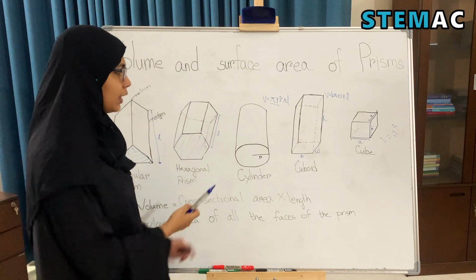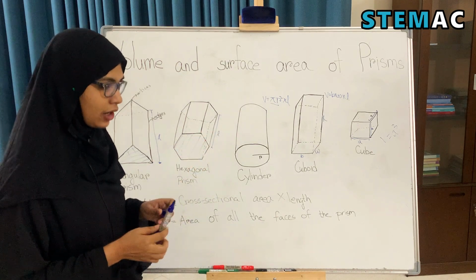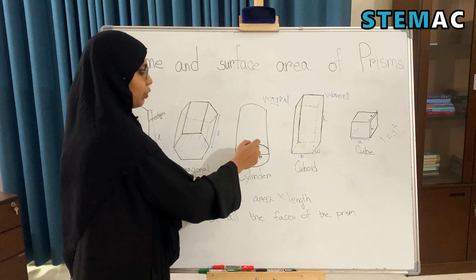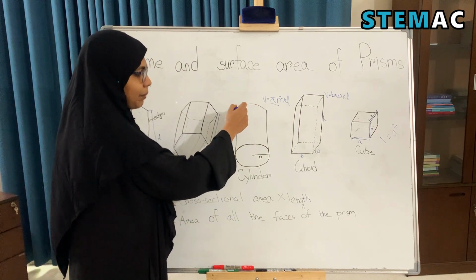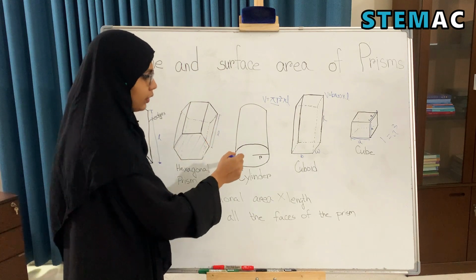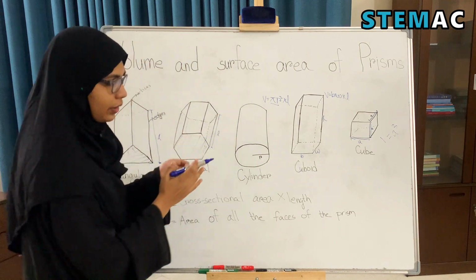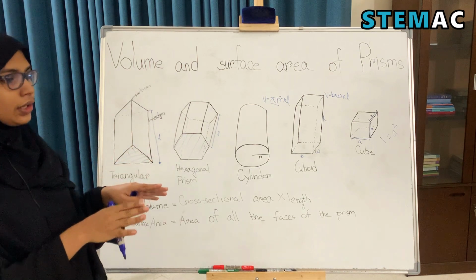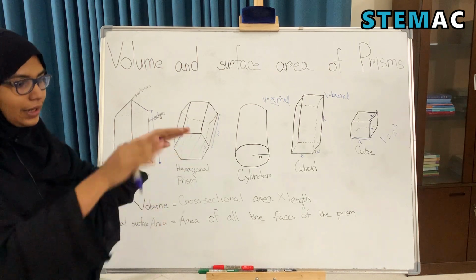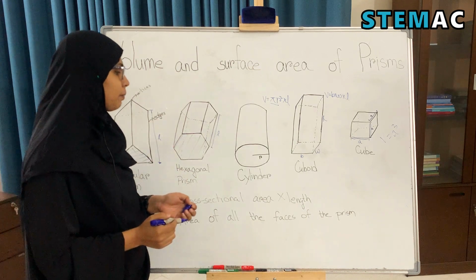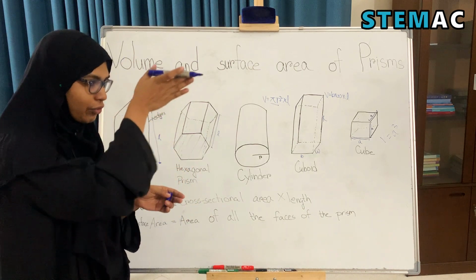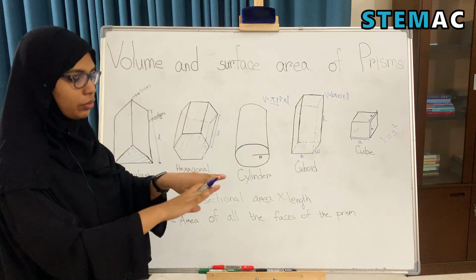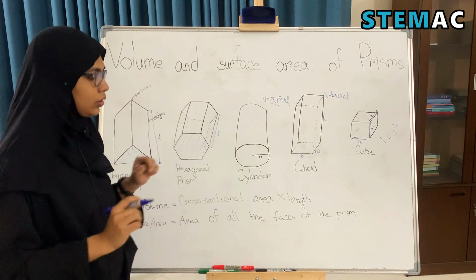To get the total surface area of a cylinder, you know this area is pi r square. At the back, this is also pi r square. And if you make a cylinder by rolling a paper like this, you would see that if you cut it in a straight line, you would get a rectangular paper.